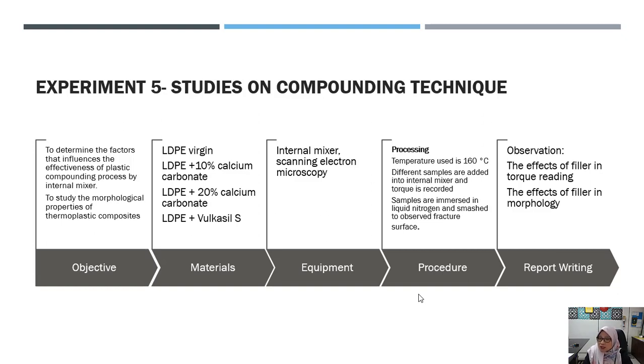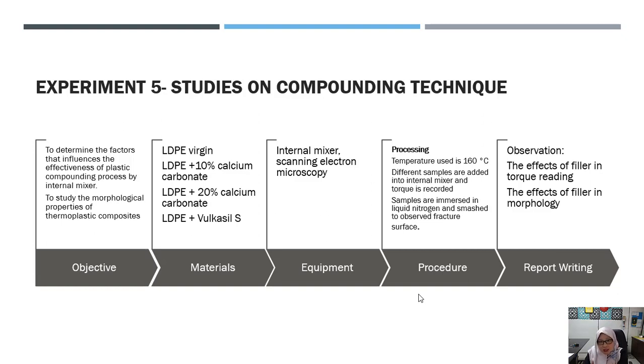The materials you are using are, first, LDPE virgin, without any addition of fillers. The second is LDPE with 10% calcium carbonate. The third sample is LDPE with 20% calcium carbonate, and the fourth sample is LDPE with Bulkasil F.